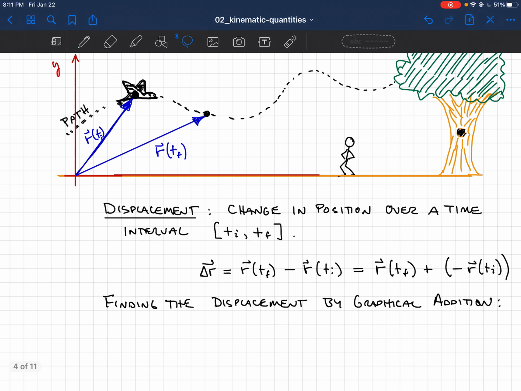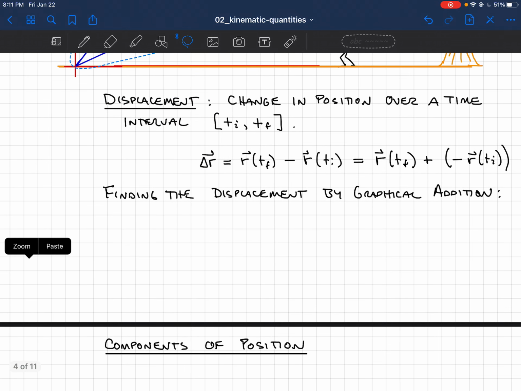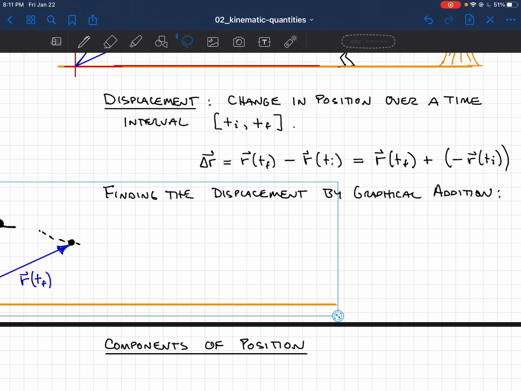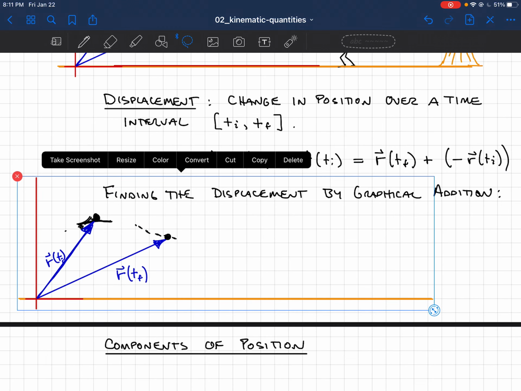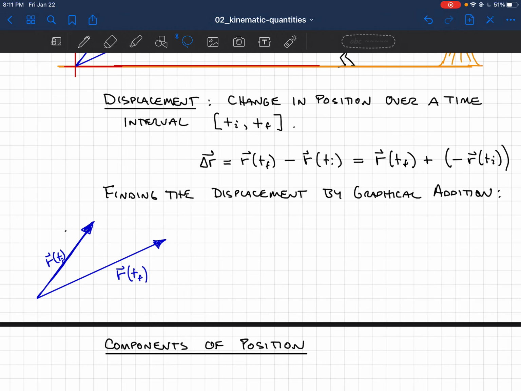So let me grab these vectors. Oops, I grabbed the axis as well. Don't need any of that. So there's our r of t initial and our r of t final. And now let's do graphical addition.